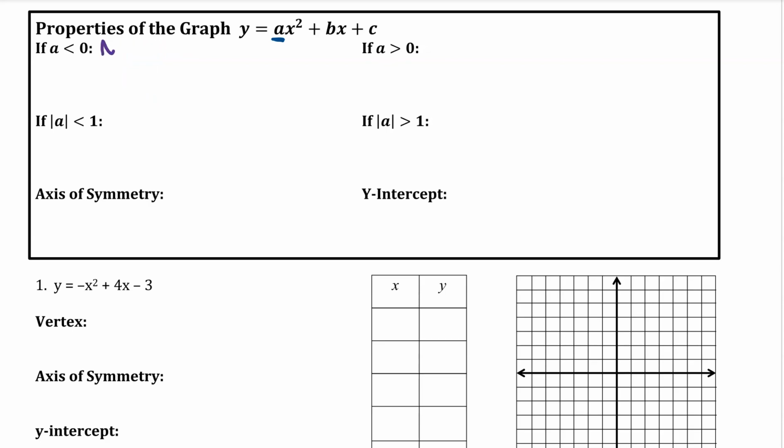My bad. So this one is negative. This one is positive. So that one would be the one where my parabola is facing up. This one, if A is negative, that means that I reflect it, so it's facing downwards. Okay, that's the only thing with that. If there's a negative in the front, it's definitely going to be flipped.